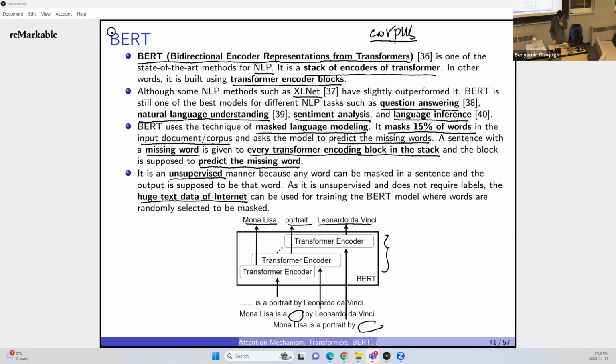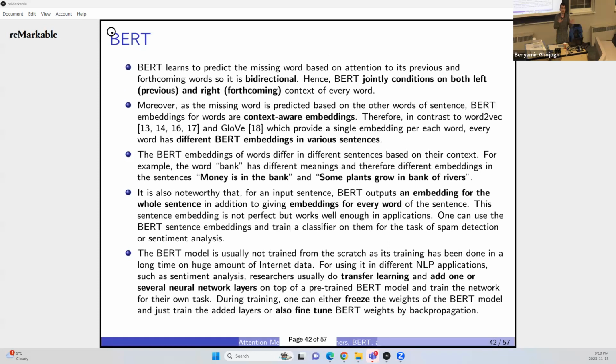Okay. And as you can mask anything, such as a word in the middle of a sentence, what is it doing? Conditioning on the previous words and the forthcoming words. What is this? As a result, it's a bidirectional model. Bidirectional embedding, right?